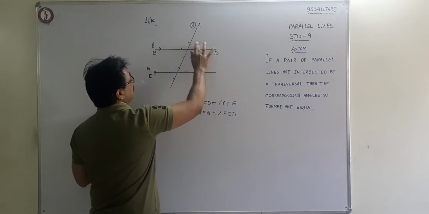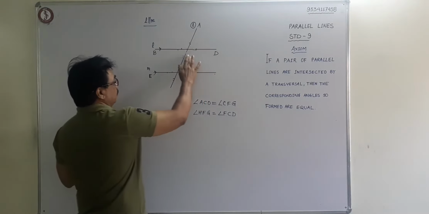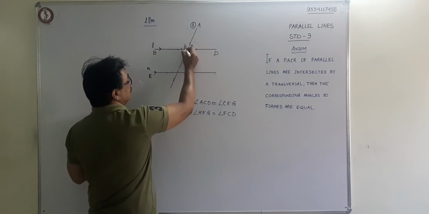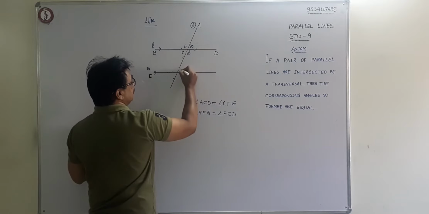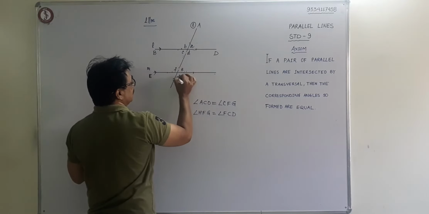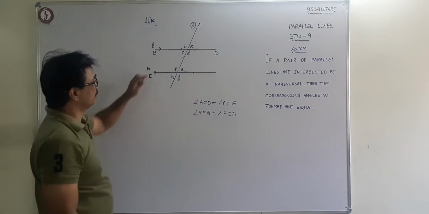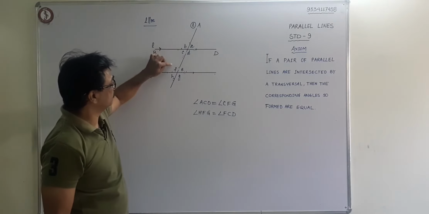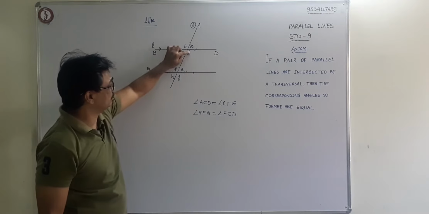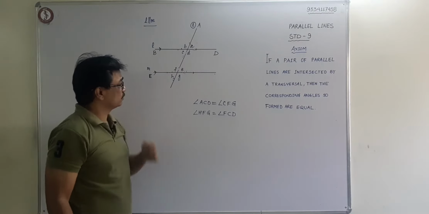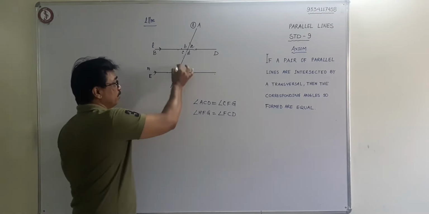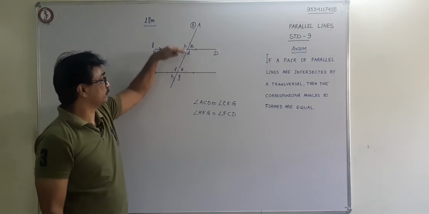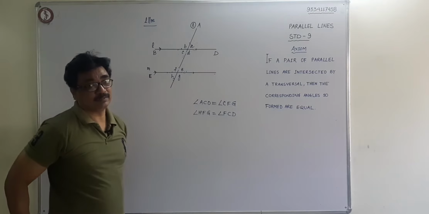Now I name it like this: A, B, C, D, E, F, G, H. So A will be equal to E, corresponding angles; B will be equal to F, C will be equal to H, and D will be equal to G. So there are four pairs. Actually this whole part corresponds to this whole part. It's only first floor and second floor, same designing.